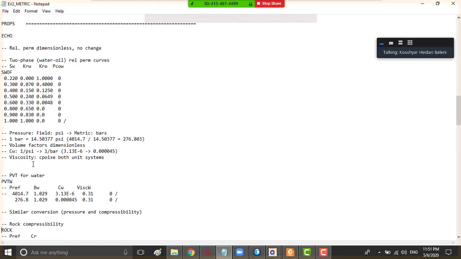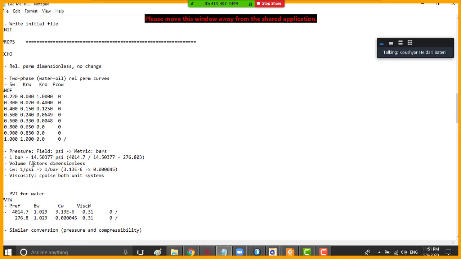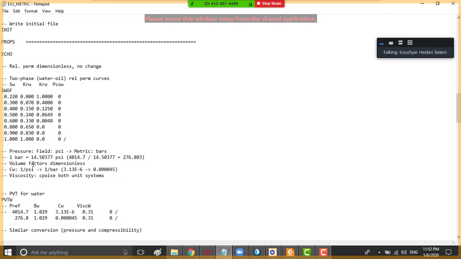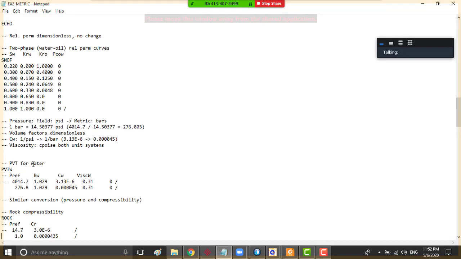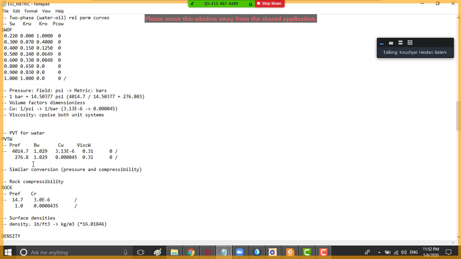Now, you see that all of these properties that we are inputting into our data file depend on pressure and saturation. The first set of properties, the rel perm of oil and water, was dependent on saturation. The second property that we are inputting, PVT data for water, is dependent on pressure. The next keyword is going to follow the same rule.